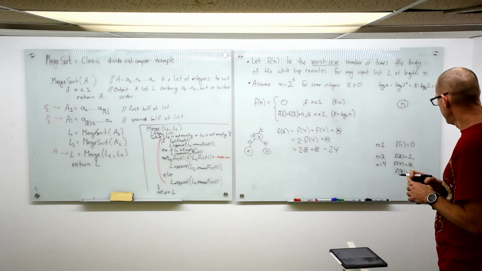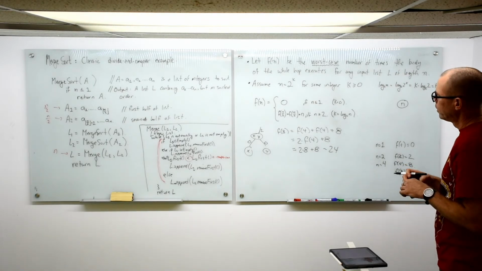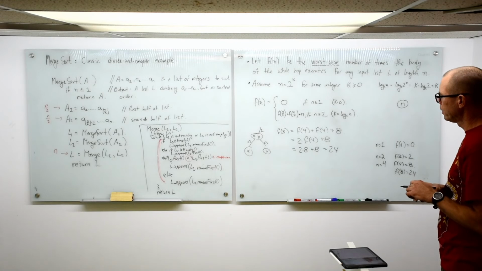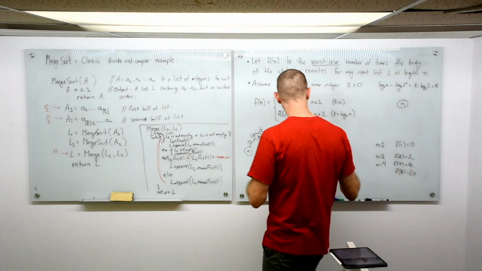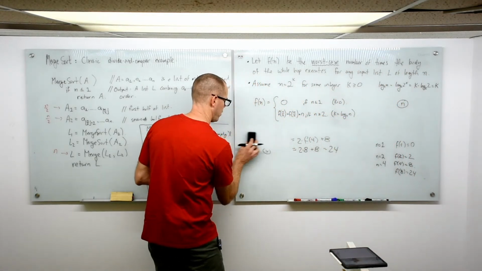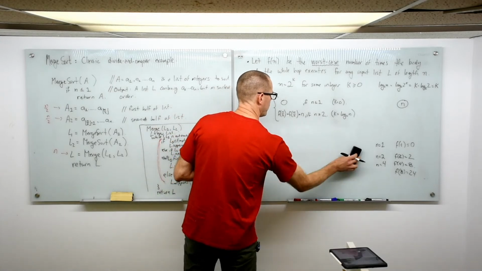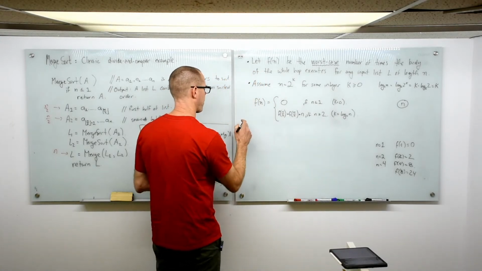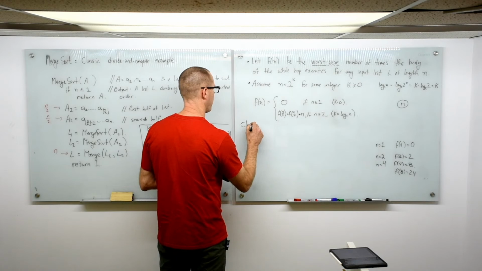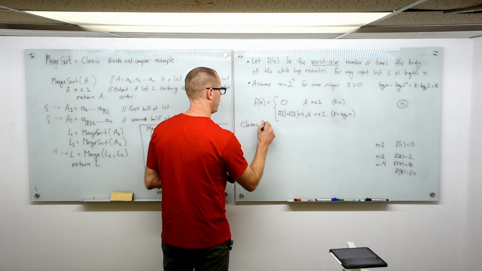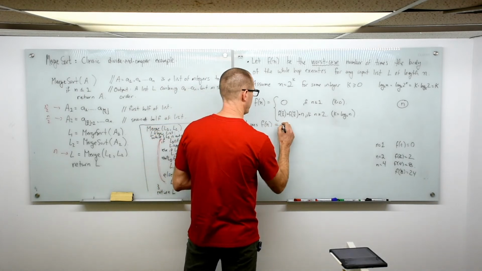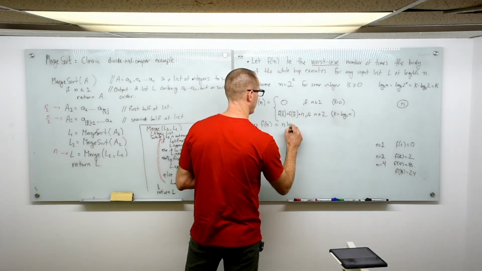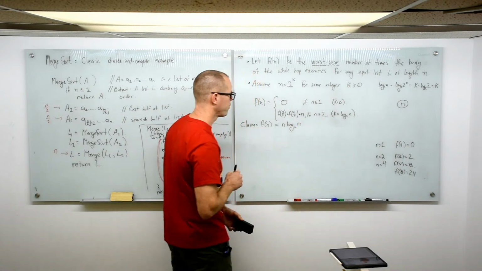So let's take a wild guess and see if it's correct. Here's the claim. The claim is that f of n is equal to n log base 2 of n.